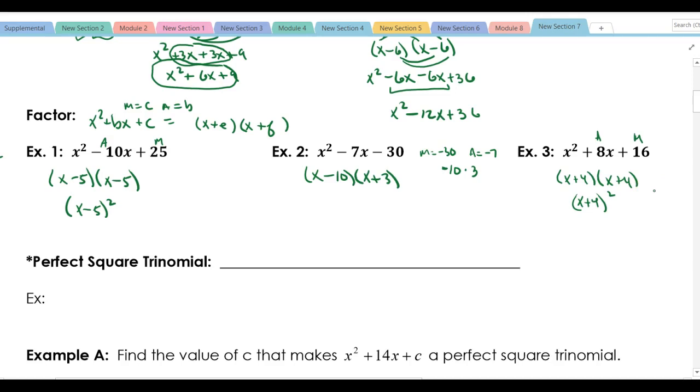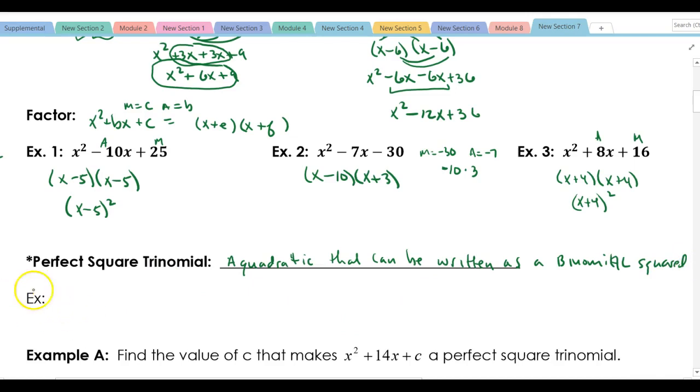Now, this is all a review. Now when we look at a perfect square trinomial, it's a quadratic that can be written as a binomial squared.